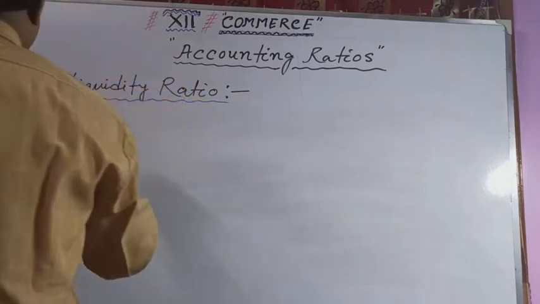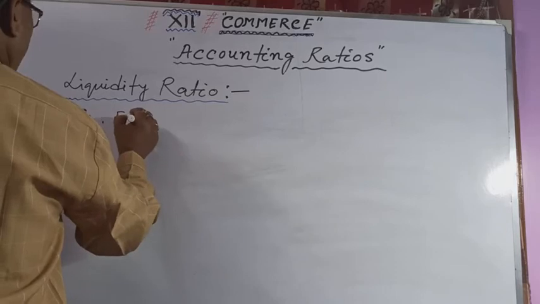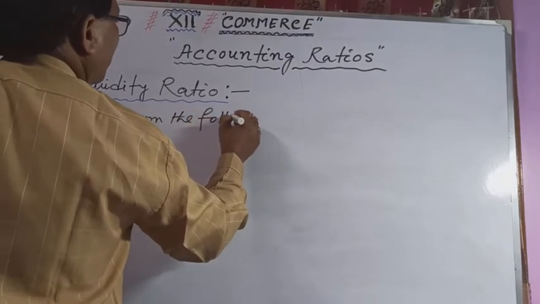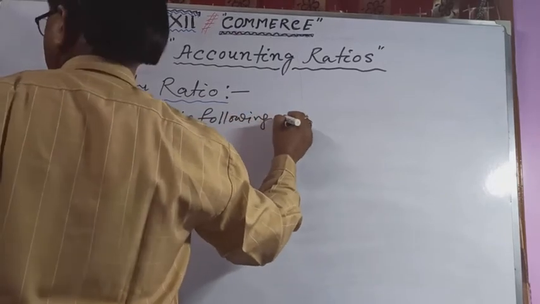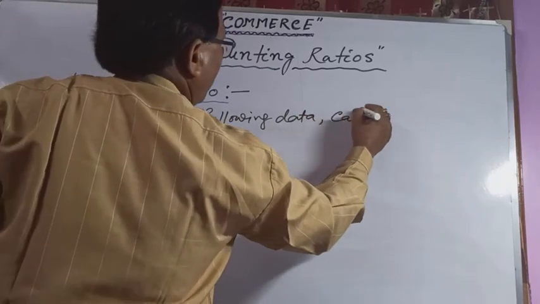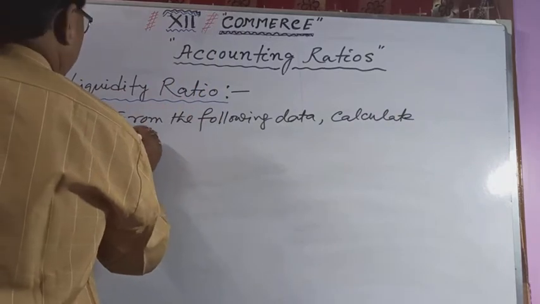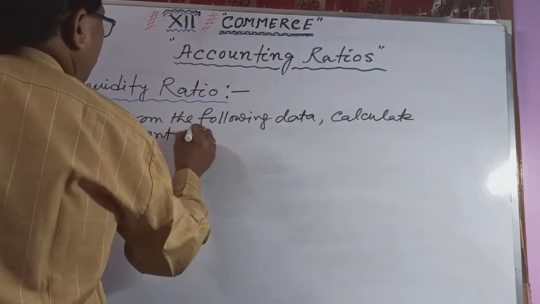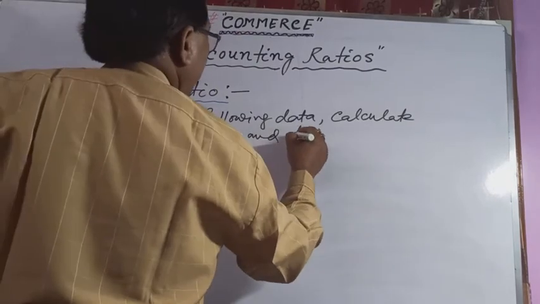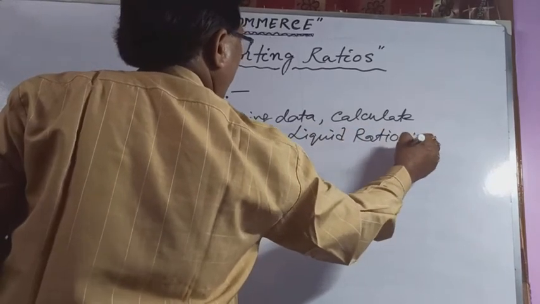Now, first question, question number 1. From the following data calculate current ratio and liquid ratio or quick ratio.